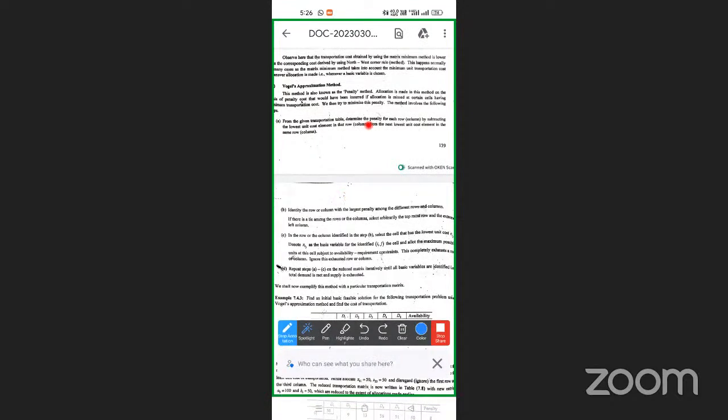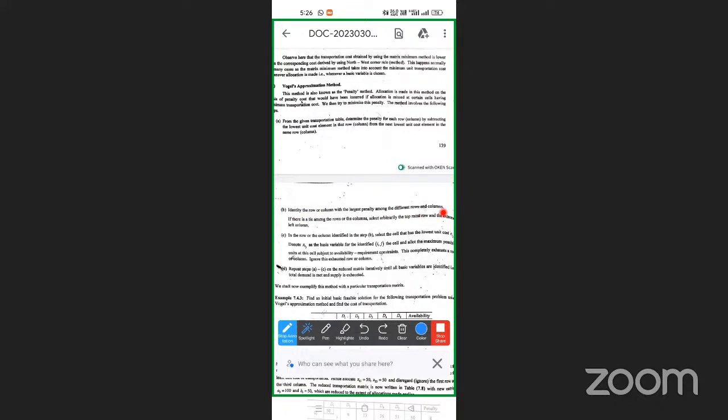From the given transportation table, determine the penalties for each row by subtracting the least unit cost element in that row from the next least cost element in the same row. So subtraction of the first least element and the second least element is the penalty. Identify the row or column with the largest penalty among the different rows and columns.